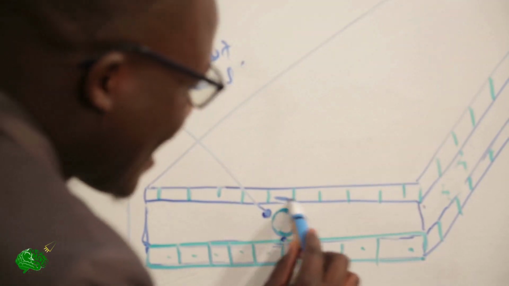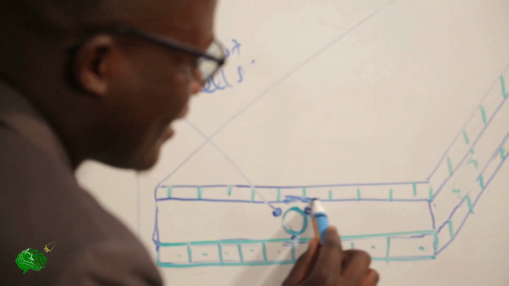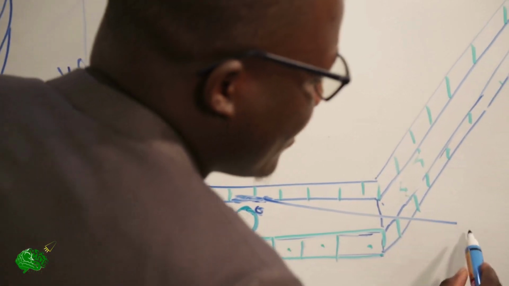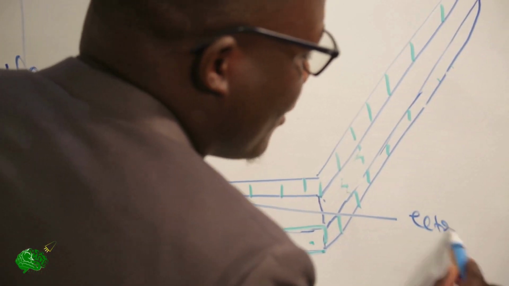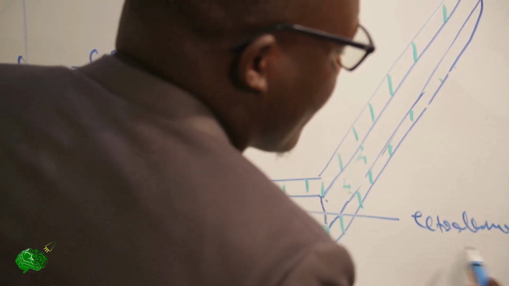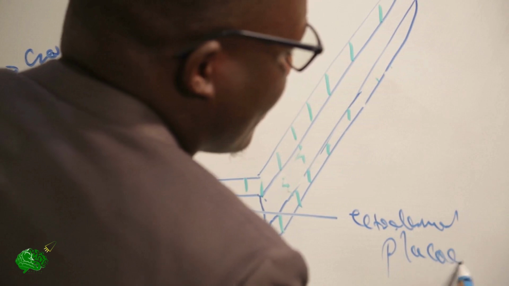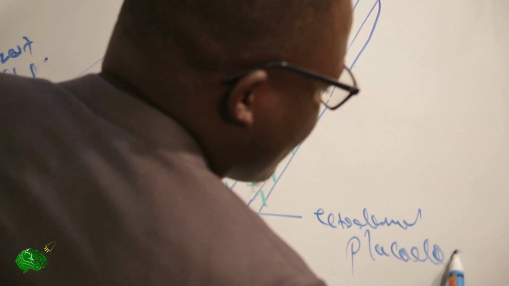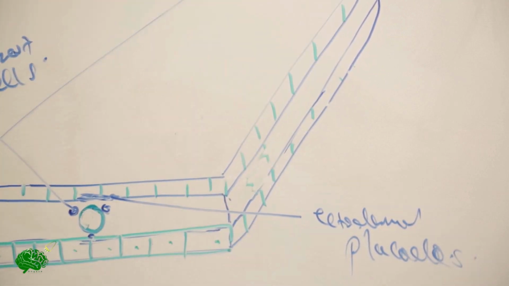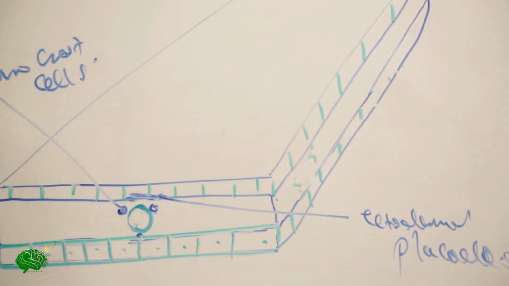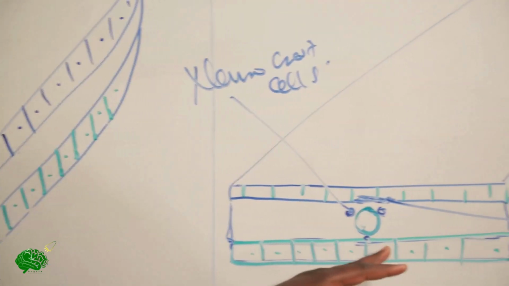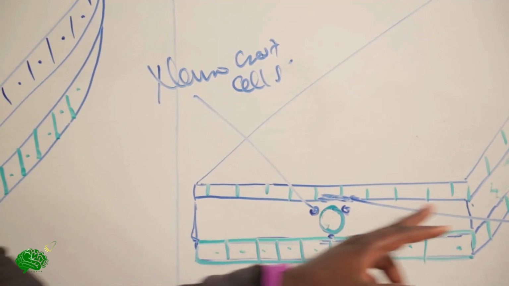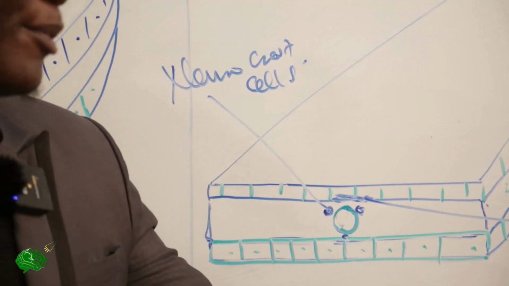So the cells that actually remain here, it's what we call the ectodermal placodes. Ectodermal placodes. So it's important now that we have known that we have formed the neural tube, we have the neural crest cells, and we have the ectodermal placodes.